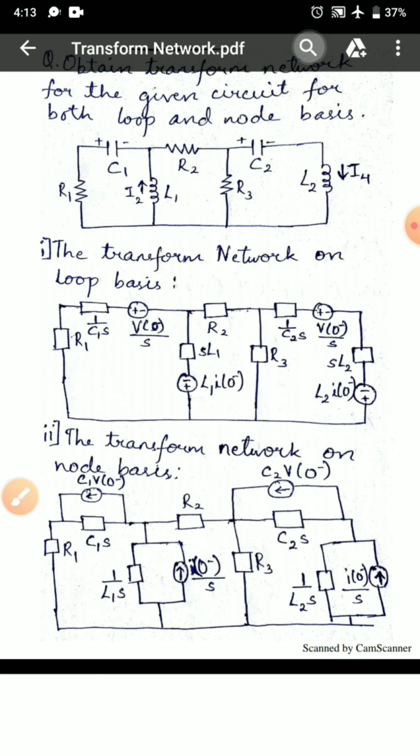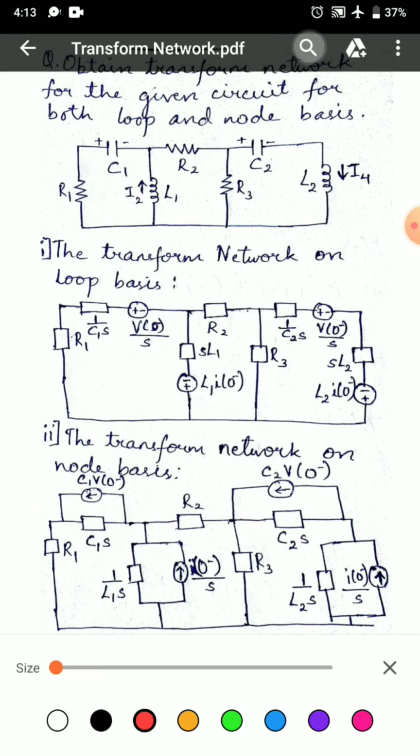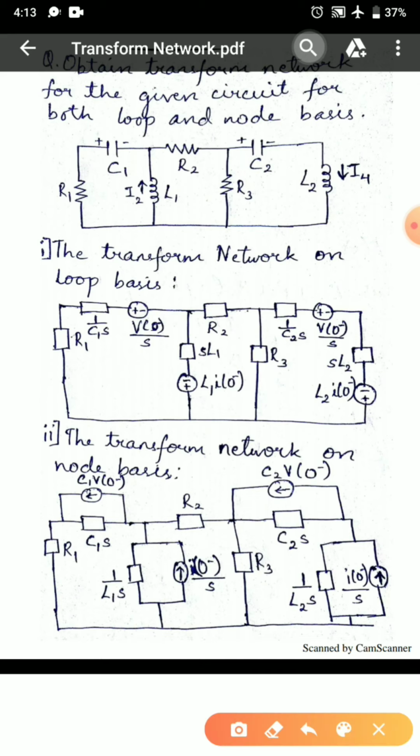When the same circuit is to be drawn for nodal basis, R1 remains R1. Capacitor C1 is represented as C1S plus C1 V of 0 minus.